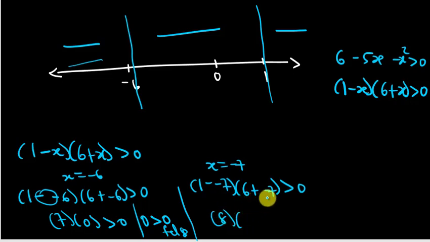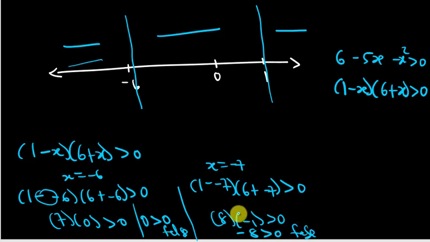And 6 plus negative 7 gives us negative 1. 8 times negative 1 is negative 8, which is greater than 0? Is this statement true or false? It's not possible that negative 8 is greater than 0. So this statement too is false.